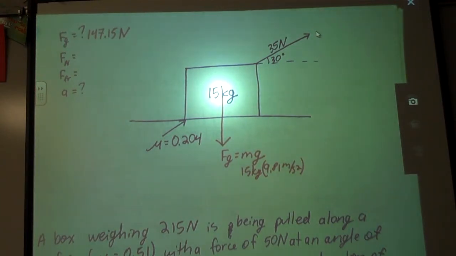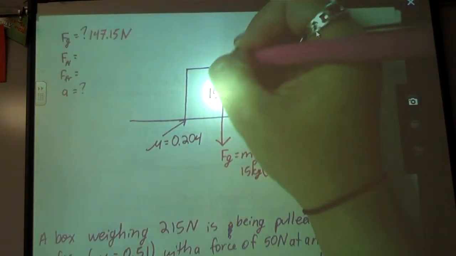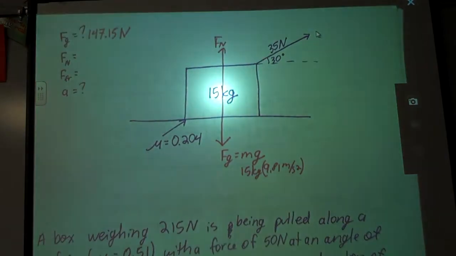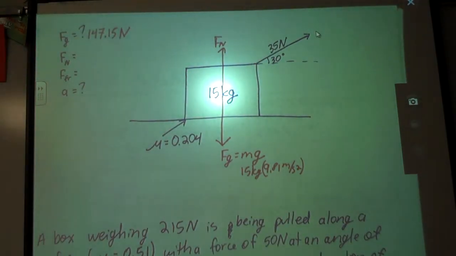So, acting opposite of our force gravity is something called the force normal. The force normal is the force exerted by the floor against the object. So this is the force that keeps you from being yanked through your chair down towards the center of the earth. This is the force that keeps the book on the table from going through the table. This is the force up from the object, or up from the platform, whatever it's sitting on.